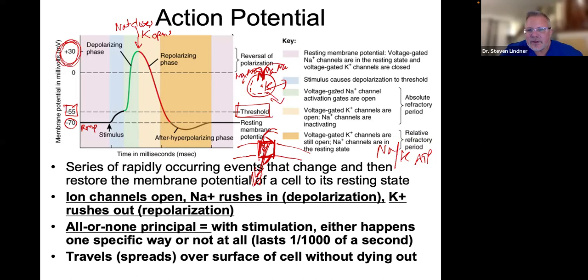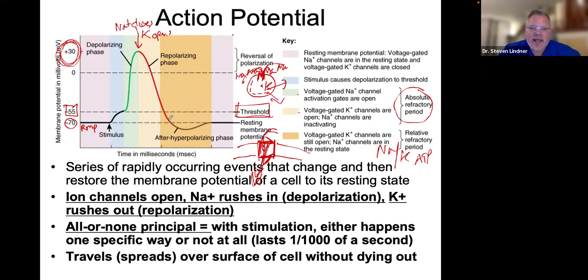If you notice here, it says absolute refractory period, and it looks like that's the green and peach phase. So everything from here to here, when this is happening, you cannot have another action potential generated when you're in this phase. Okay?